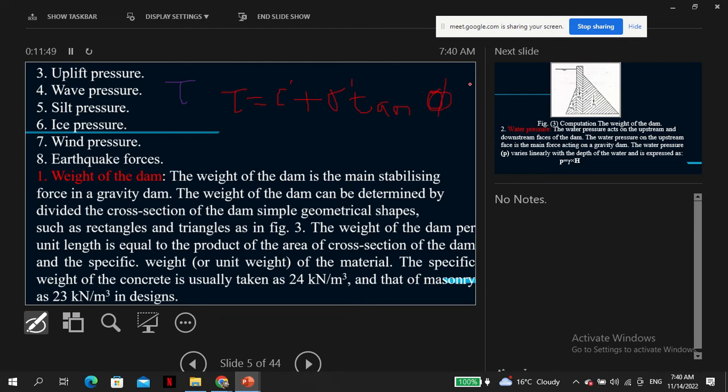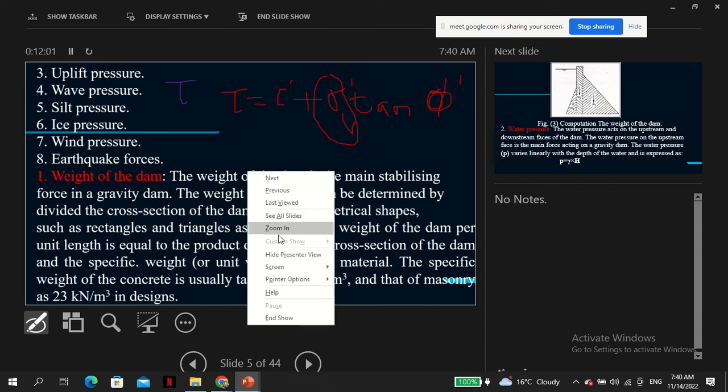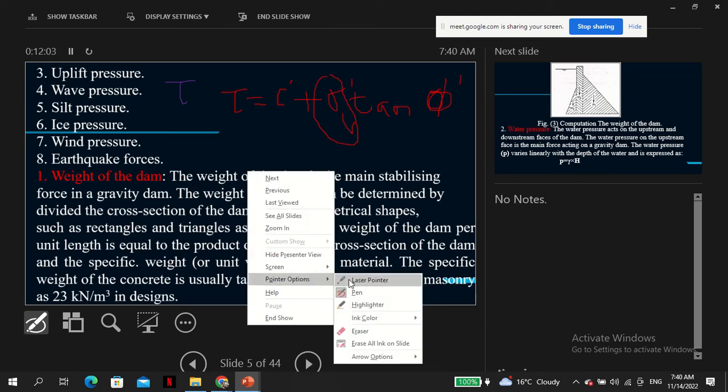Let's be clear and say this is sigma V. So this sigma V will be contributed to. One of the components of sigma V is the weight of the dam. So this is the point.